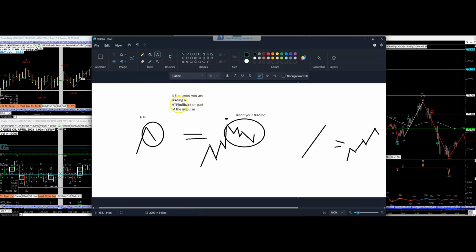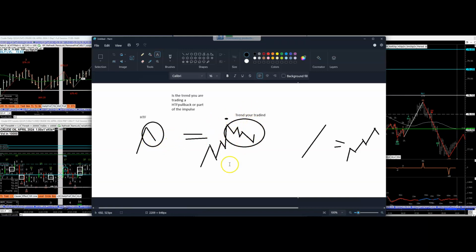The reason is you're going to get screwed really bad if you don't know this. As soon as these guys come to a level, it's going to look really bearish, and you might take the short, but you should take the long.